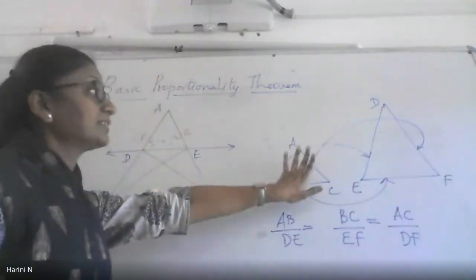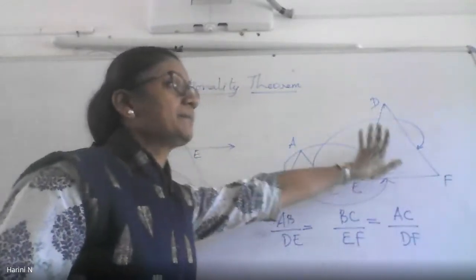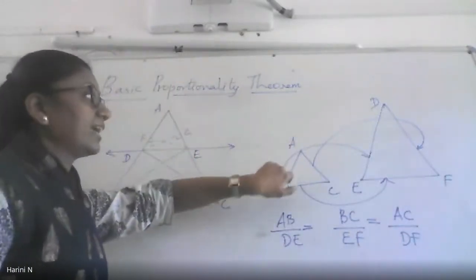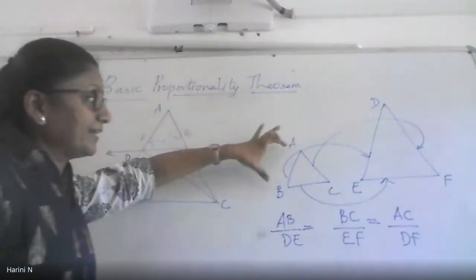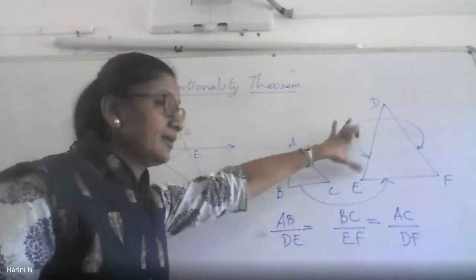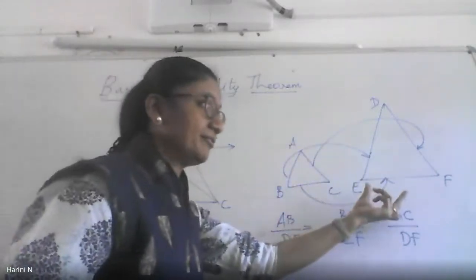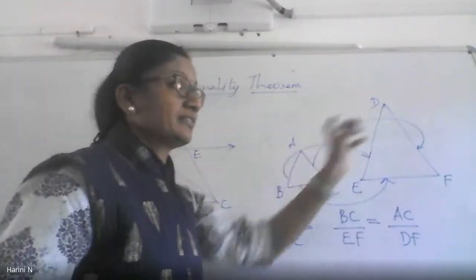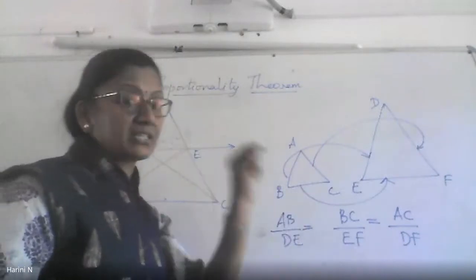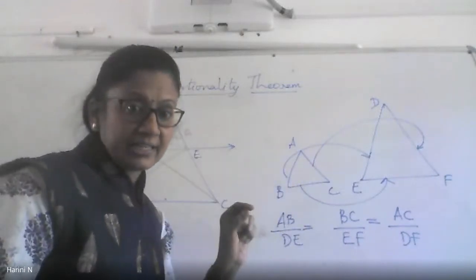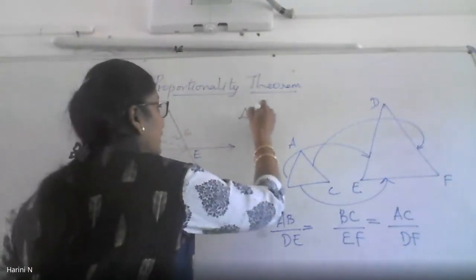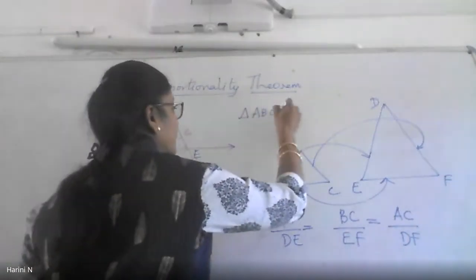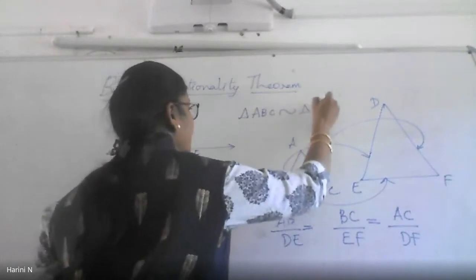But because their shapes are the same, their sides will become correspondingly proportional. That means if I take the ratio of AB by DE, and BC by EF, and AC by DF, you are seeing why I am telling corresponding sides continuously. That is very important, because in your congruence also you would have learned triangle ABC is congruent to triangle DEF.